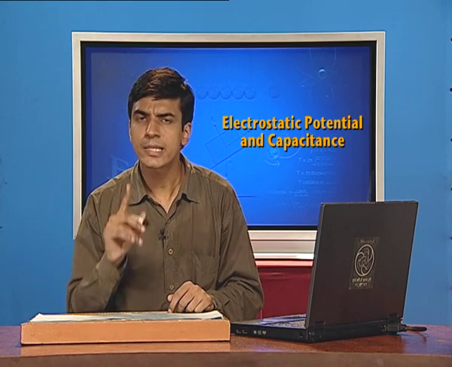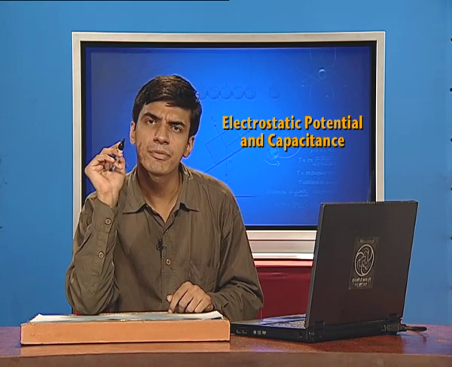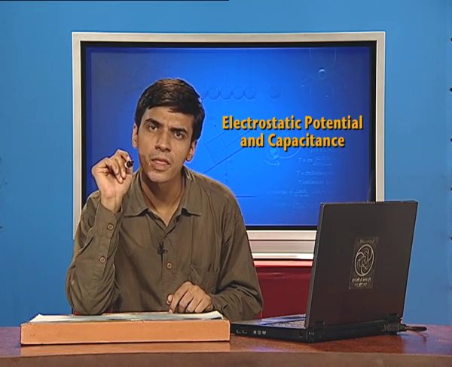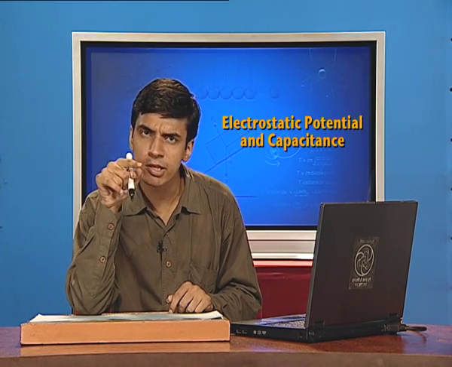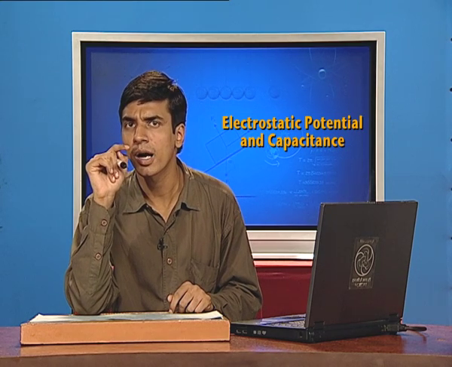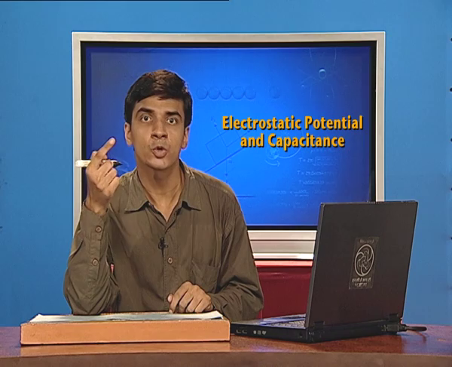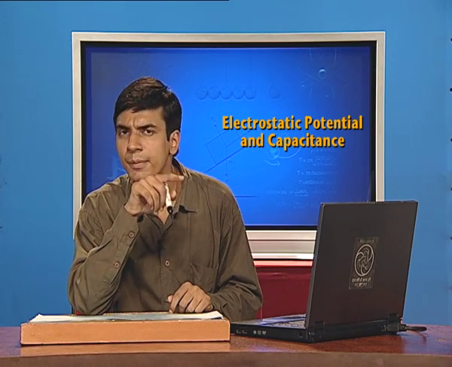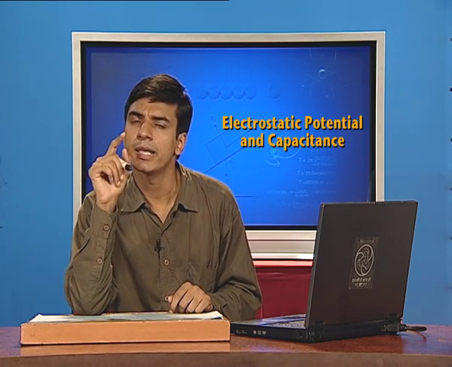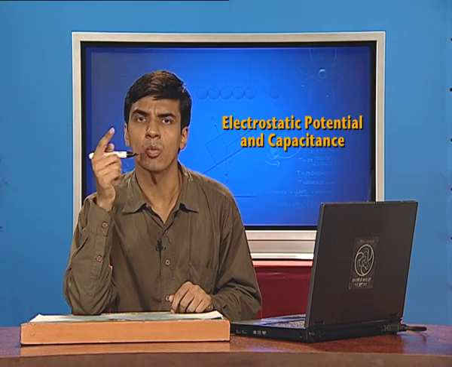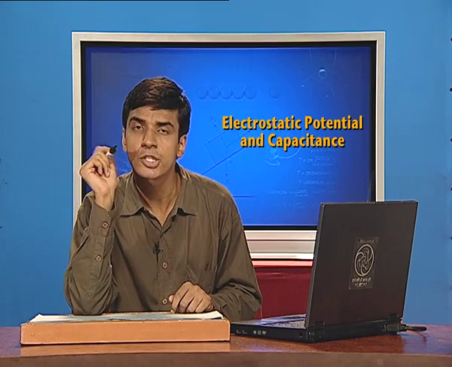But here is a catch. In our previous episodes also, we discussed a very good thing. We discussed that if I am doing some work in moving a charge from a point of my interest to the point where I should keep that charge, then that is stored in the form of potential energy. But work is also a form of energy, na?